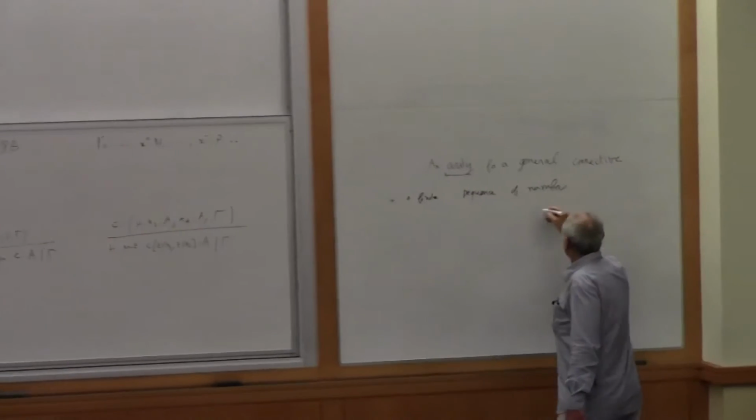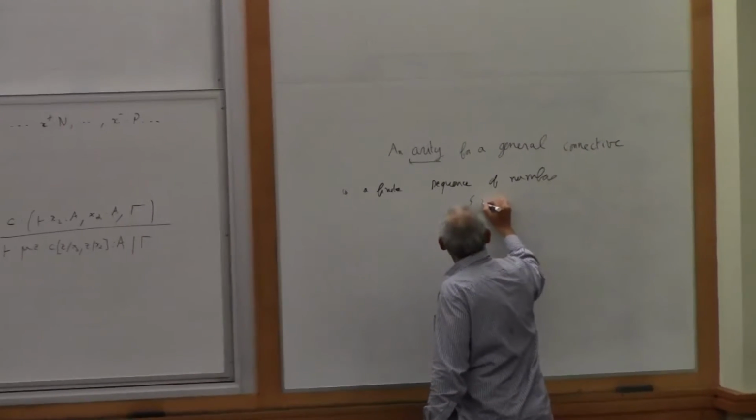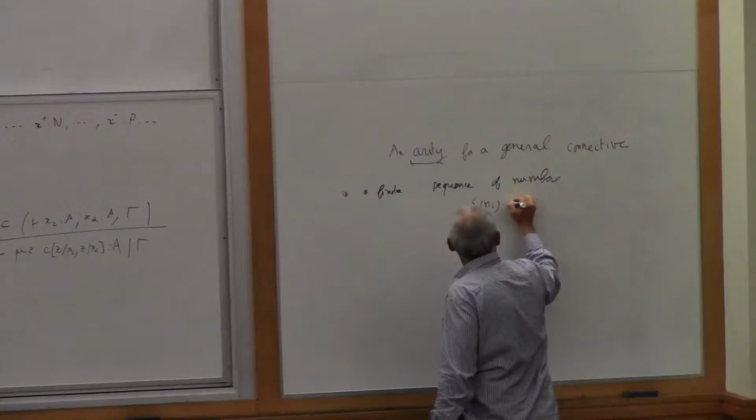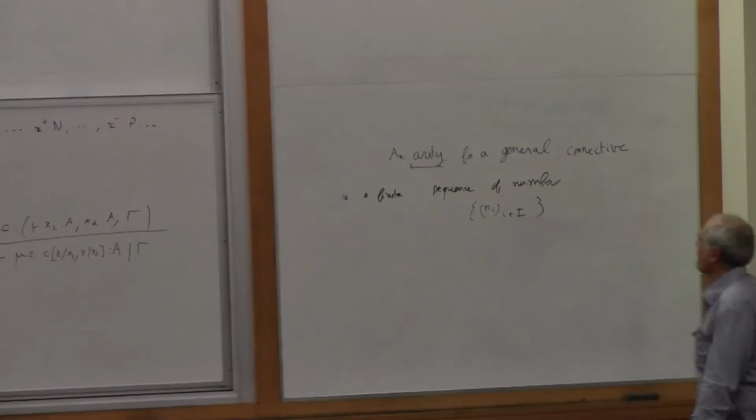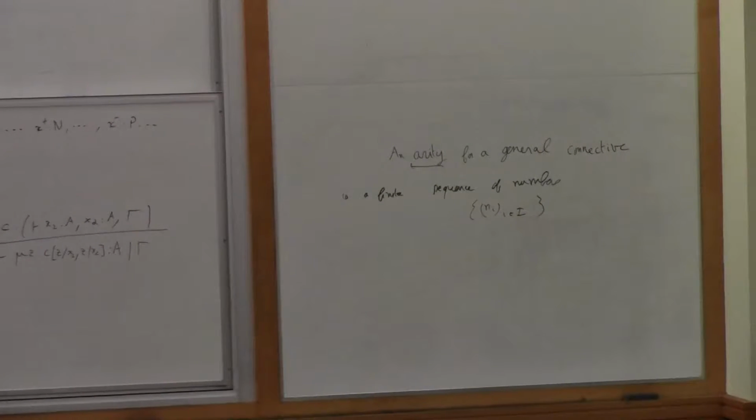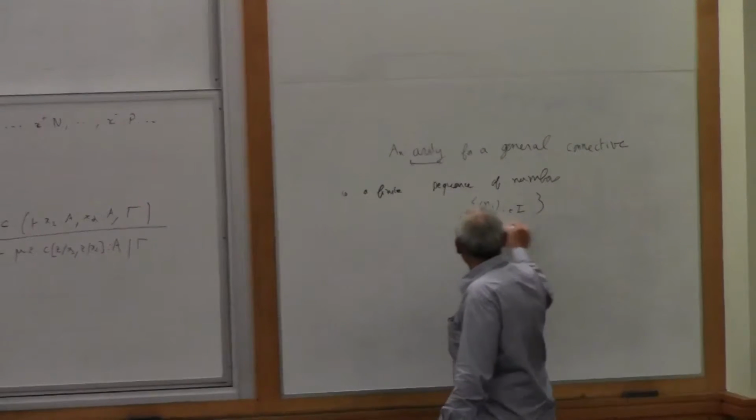Okay, so we could write it like a family Ni where i belongs to I. And what does this indicate to me?